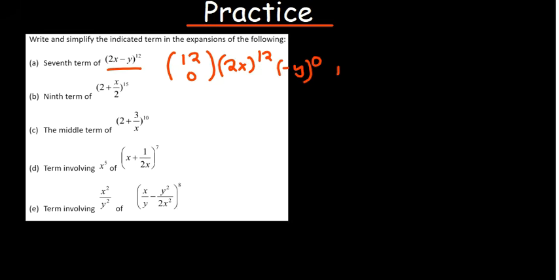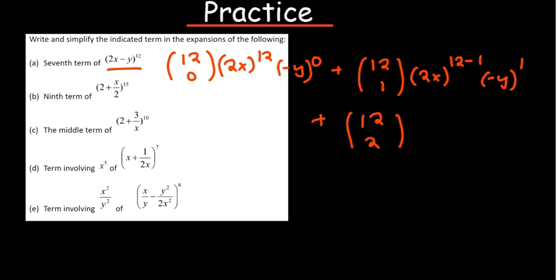One thing we've learned so far is that as you are expanding, the first part, which in this case is 2x, will always be the difference of the coefficients, and then the b part, negative y in this case, will always match up with the bottom coefficient, as I've shown there. So when you have 12 choose 2, 2x will be the power 12 minus 2, and negative y will still be the power 2. It will always be matching up with the bottom power.